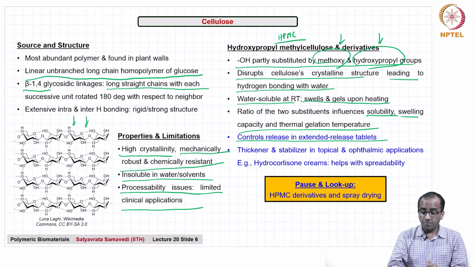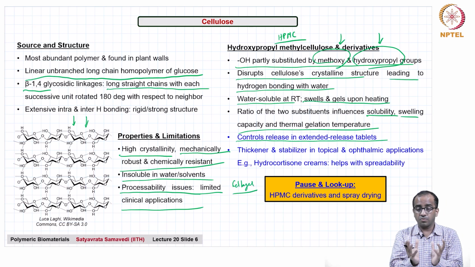So, it will form a gel layer around. Now, that gel layer is going to slow down or retard the diffusion of the drug from within the matrix, leading to extended release.